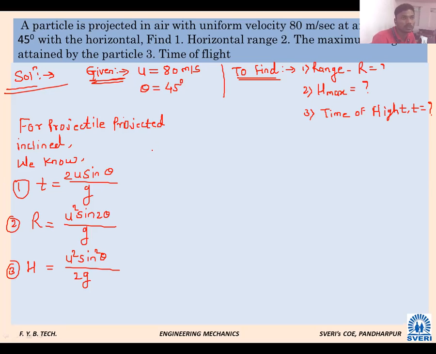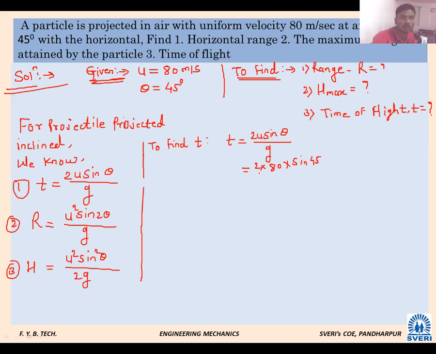Okay, so which equation should we use to find time of flight? To find T, T is equal to 2u sin theta divided by g, that is equal to 2 into u, 80, into sin 45.